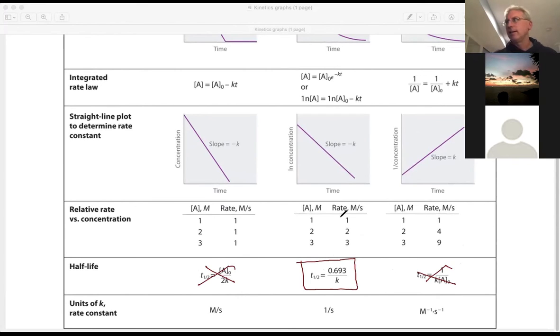Instantly in AP Chem, if it has a half-life, it's a cheat code. It's first order. In real life, that's not true, but in AP Chem, it is. So the half-life is equal to 0.693 over K. And come on, mathletes, do you recognize this number, 0.693?